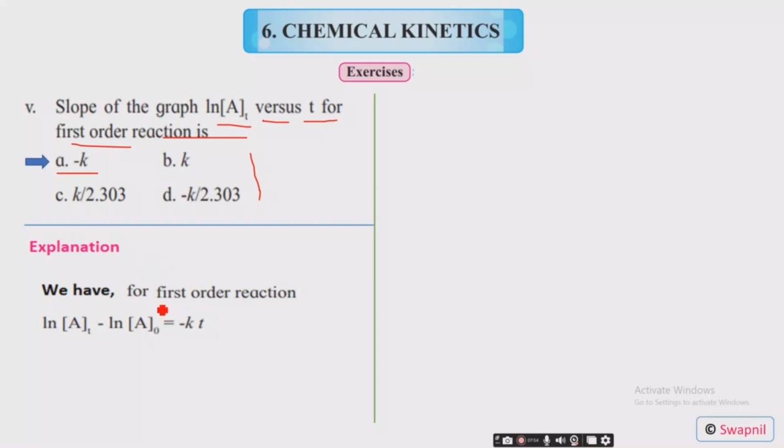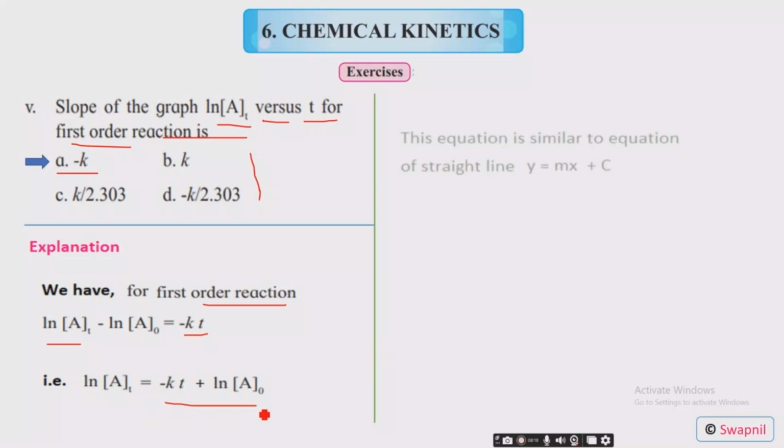So for a first order reaction, the equation is ln of concentration of At minus ln of concentration of A0 is equal to minus KT. That is, rearranging the equation, we get ln of concentration of At is equal to minus KT plus ln of concentration of A0.